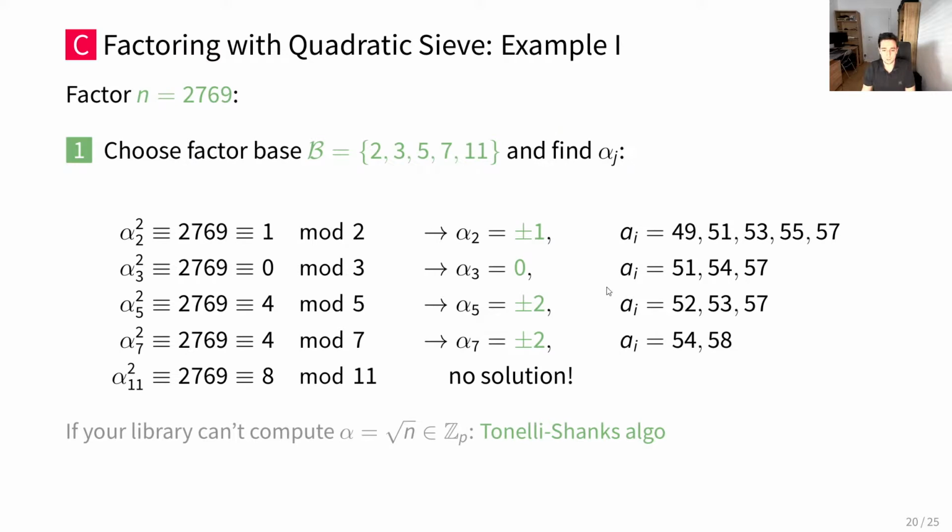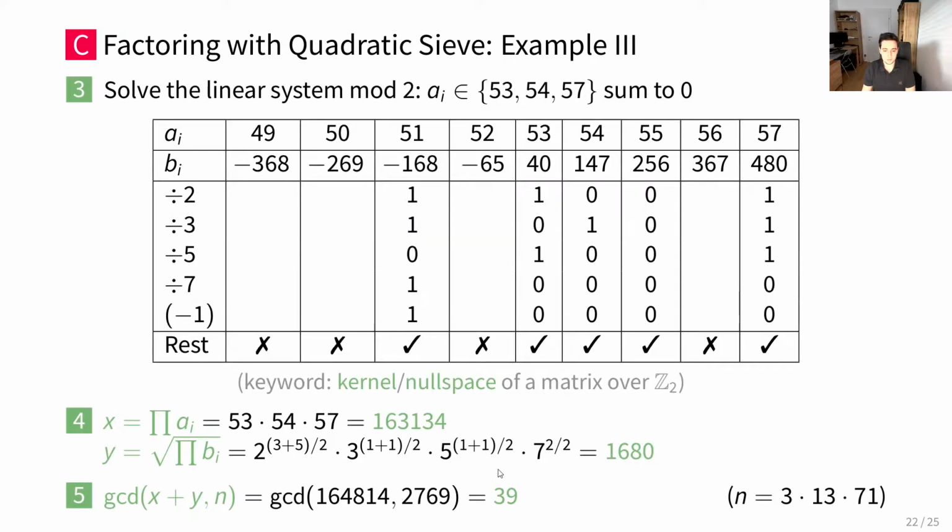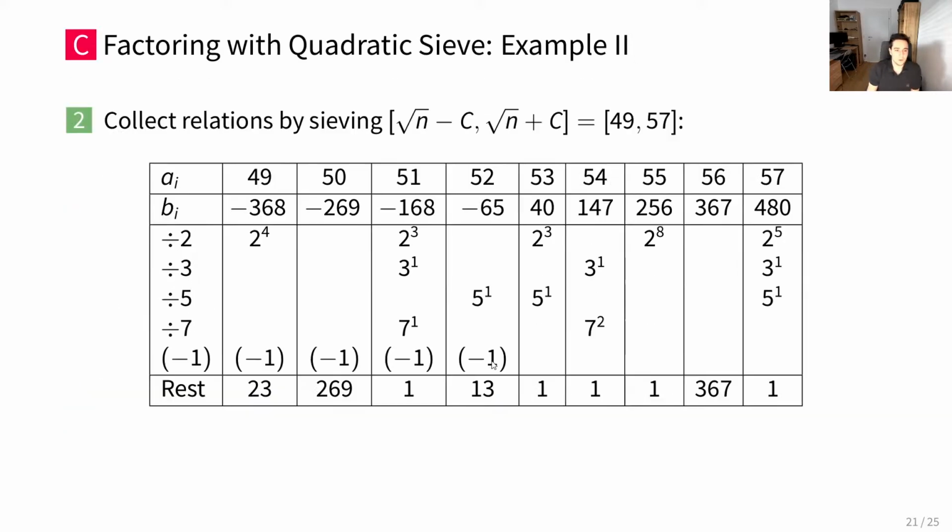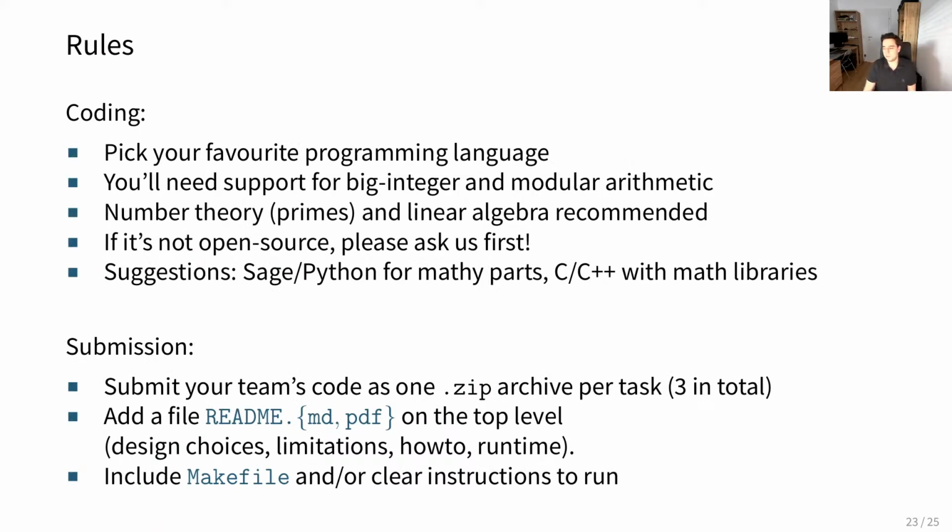So this is important. For the rules, you can pick your favorite programming language. It doesn't really matter, just don't let it be some very strange one. But other than that, it's always fine, I'd say. You will need some support for big integer and modular arithmetic, so it's maybe good to use a language which has built-in support for that.